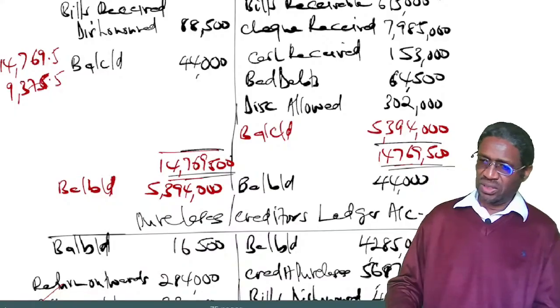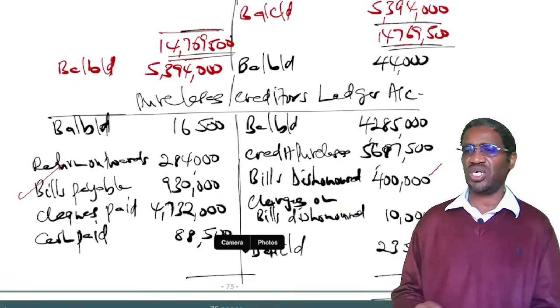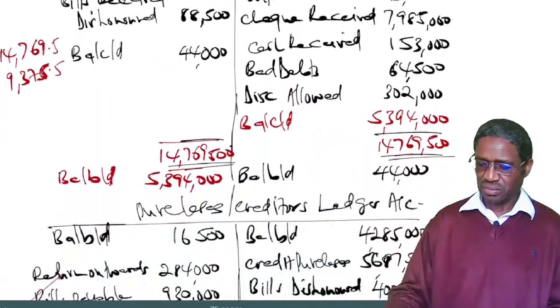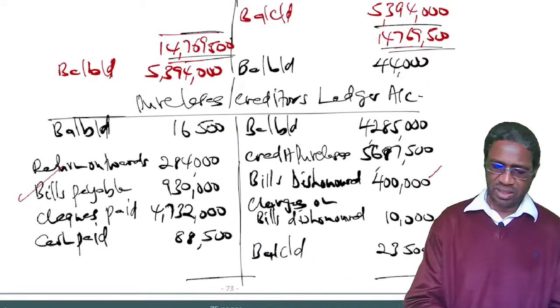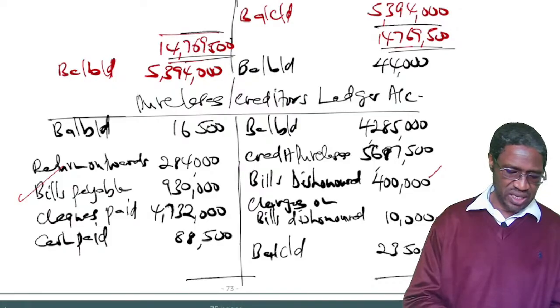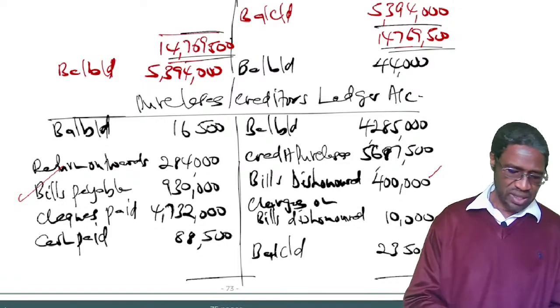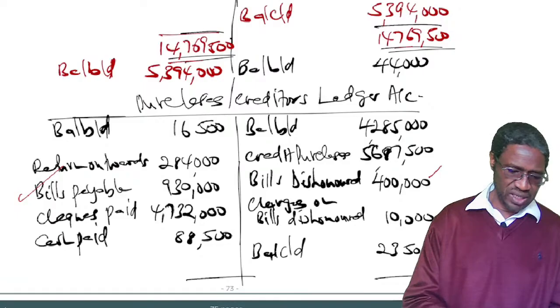Good. Let me hope you are through now. We now go to the creditors ledger. Let me start by adding the debit side. 16,500 plus 284 plus 930 plus 4,732,000 plus 88,500.